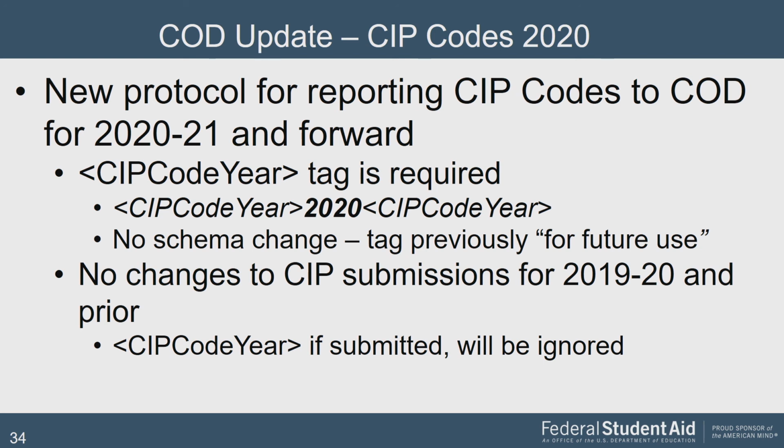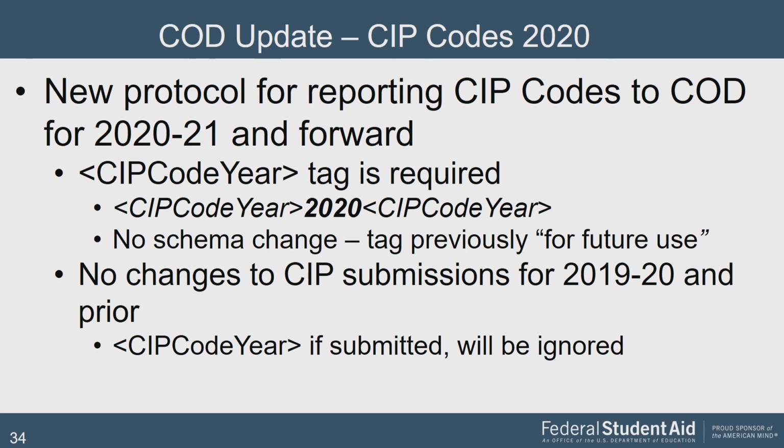So we had added it to the schema, but we never really used it. And we're dusting it off, and we're now going to make that tag required so that we know that we are looking at the 2020 table, and the CIP code that you're sending to us is reliant on that table. So there's no schema change because it was already added to the schema years ago. We just didn't use it.